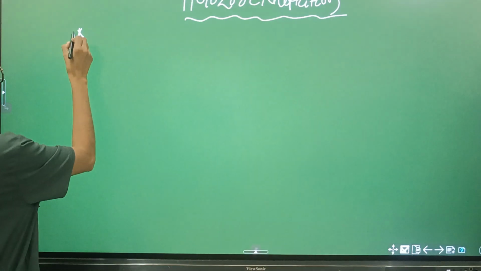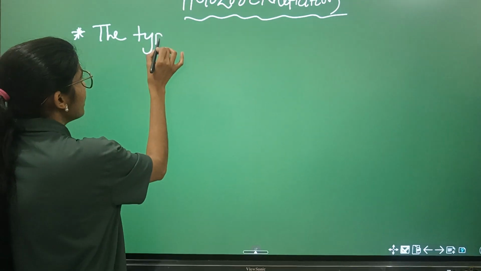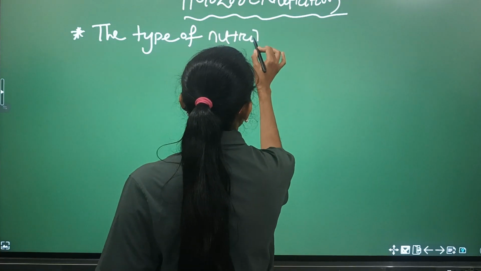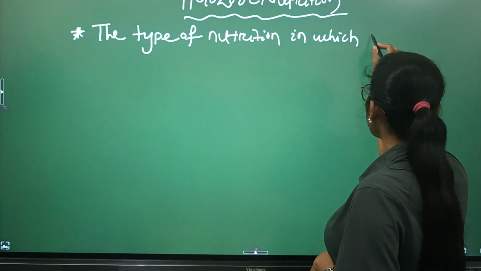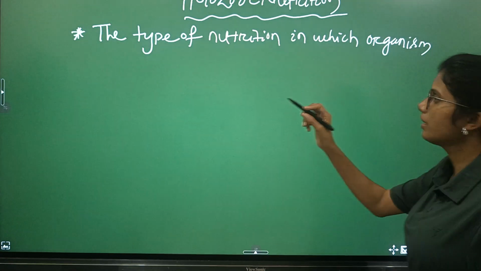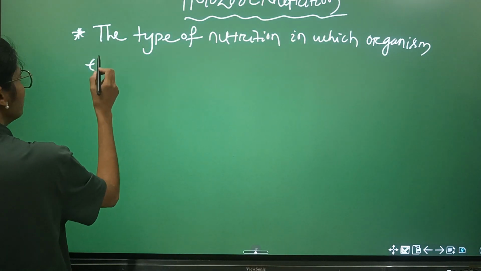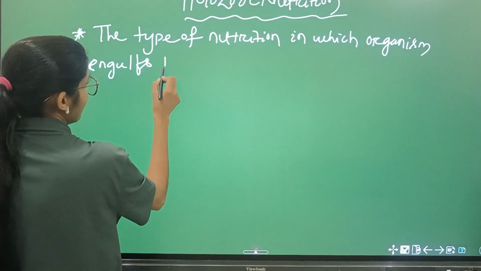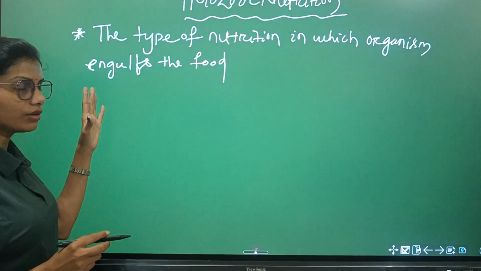So let us write the definition first. What is holozoic nutrition? The type of nutrition in which the organism engulfs the food. Engulf means eat the food.